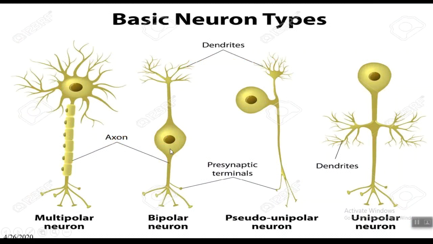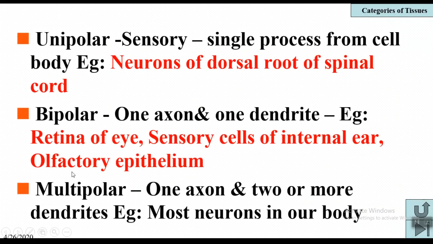One pole has the dendrites and the other pole has the axon with axon terminals. Examples are the cells of the retina of the eye, sensory cells of the internal ear, and the olfactory epithelium.